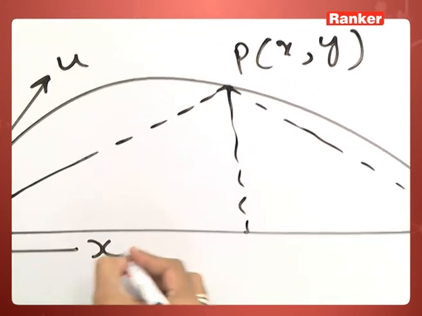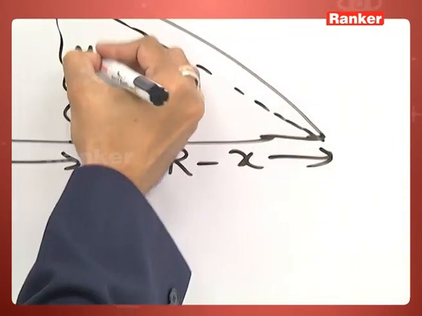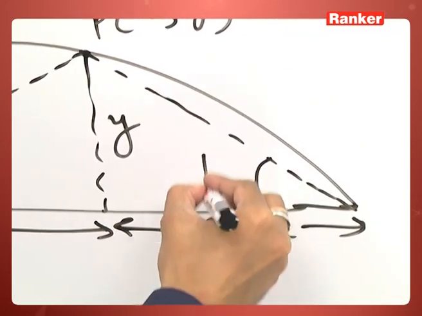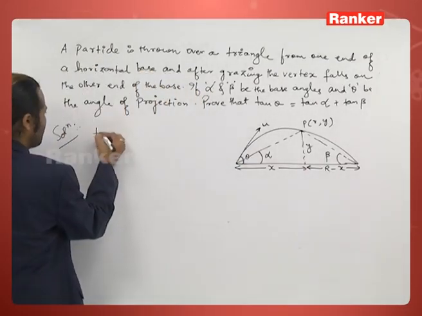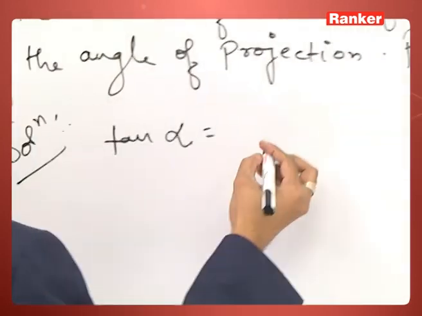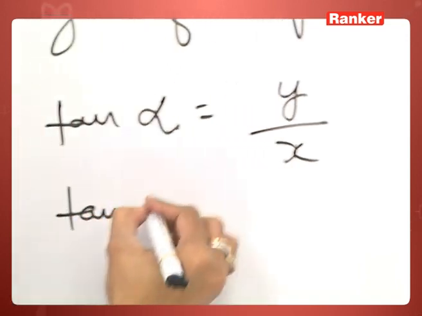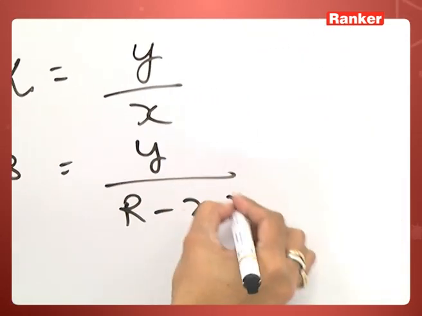Obviously this is x. Now obviously this will be R minus x. And this is y. This is alpha. This is beta. So from here I can write tan alpha is y by x. Tan beta is equal to y divided by R minus x.